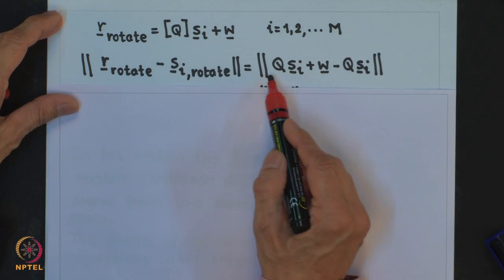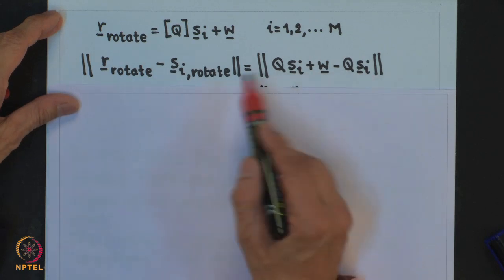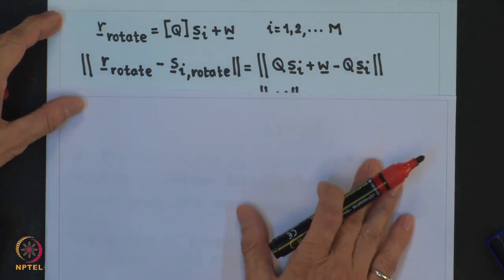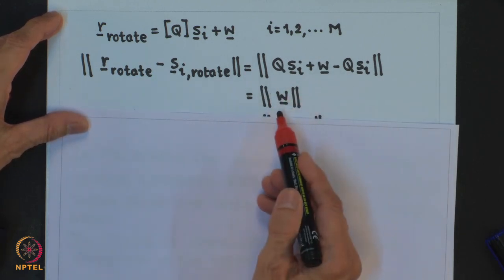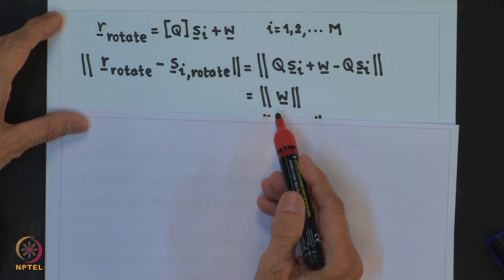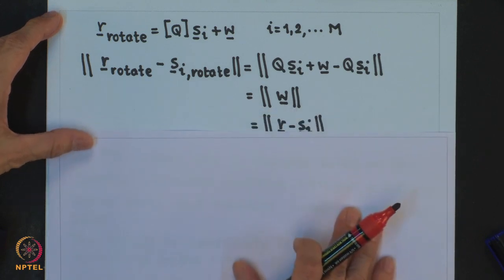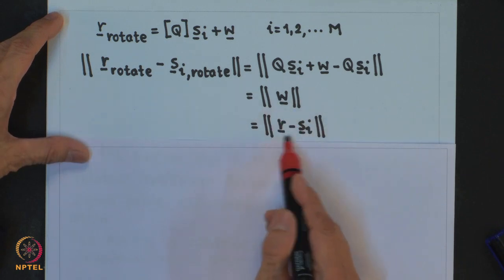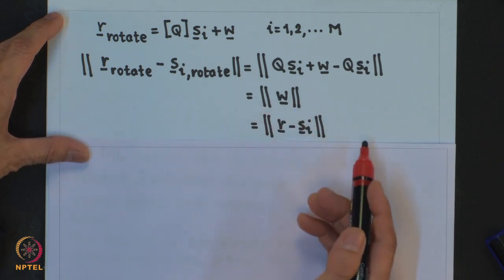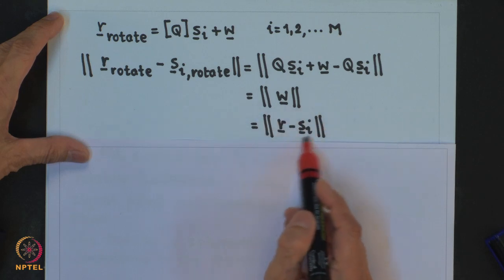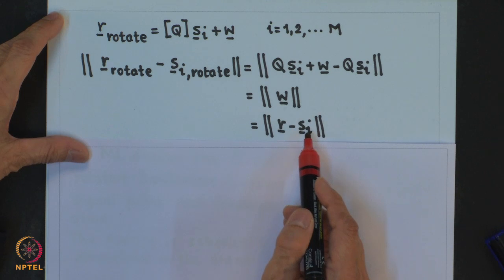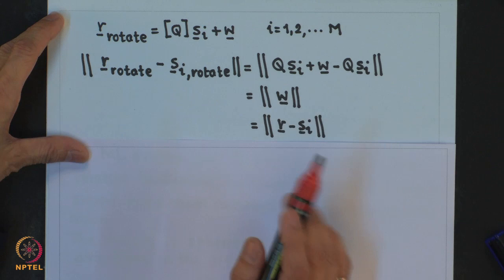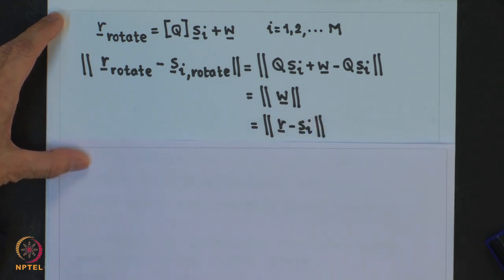This I can rewrite as this expression, because this has been rotated, and it is easy to see that this turns out to be W. Right. And this W is nothing but R minus Si, that is your earlier equidistance which you had between the received vector and the message vector i in the old signal space diagram.